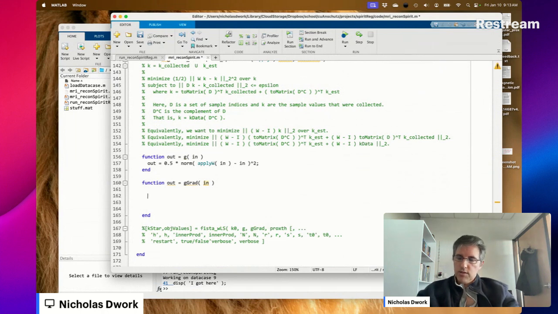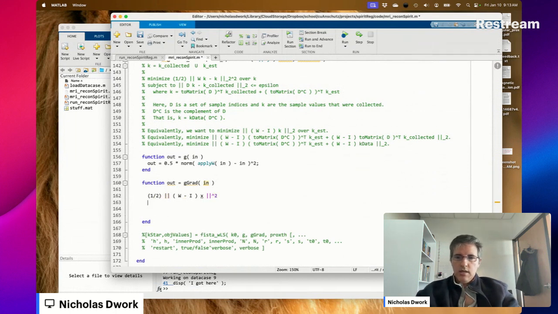Okay, so here's what we're going to do. 1/2 norm of W minus I x squared is equal to 1/2 x transpose W minus I transpose W minus I x.